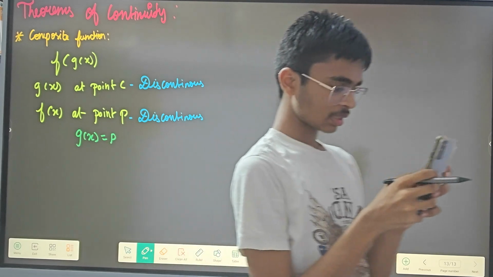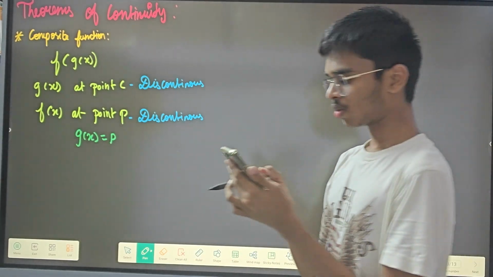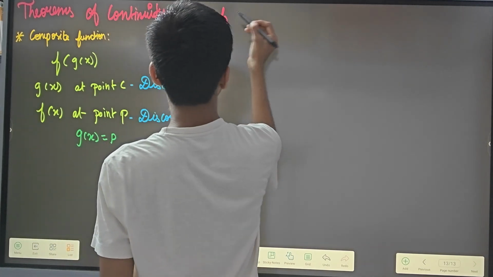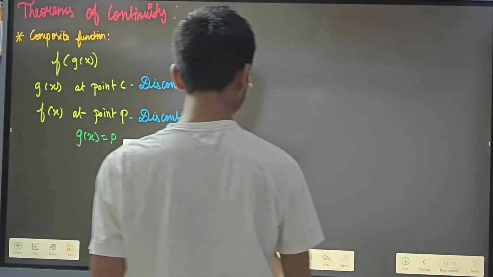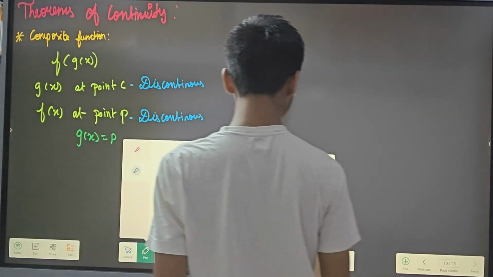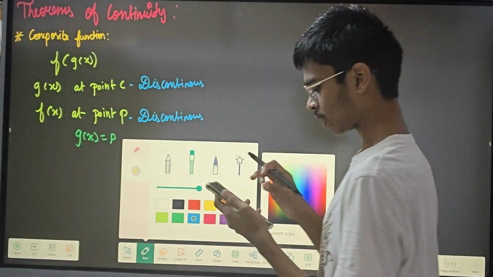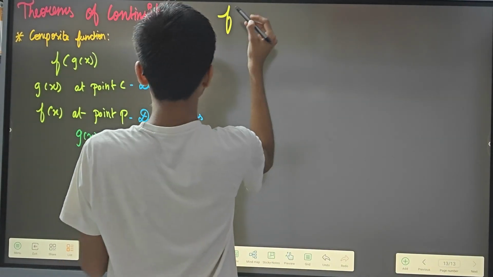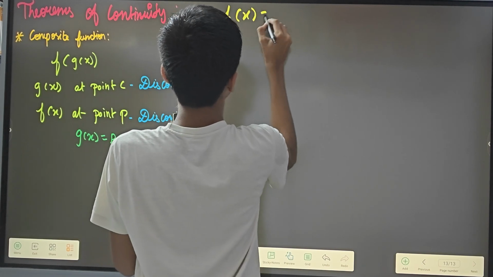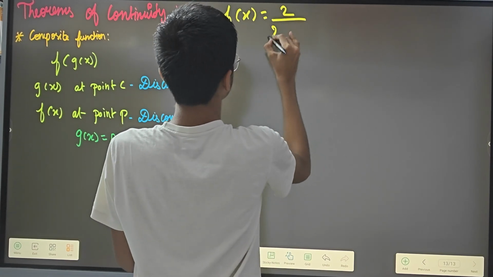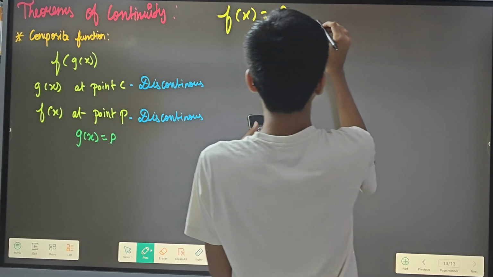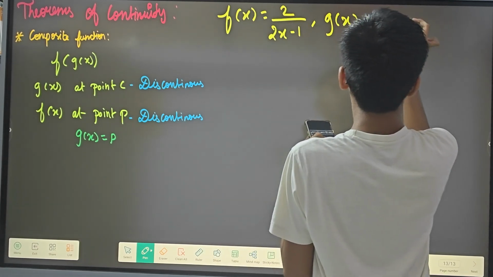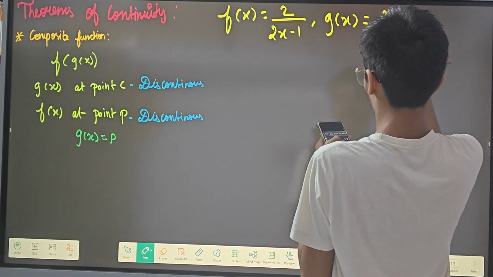So what you have got is this color is same as that color, no? Okay, I've got f of x is 2 divided by 2x minus 1, then g of x is equal to (2 plus x) divided by x.